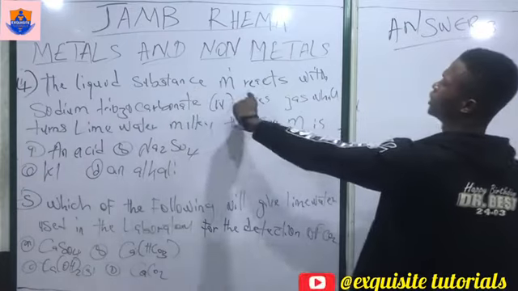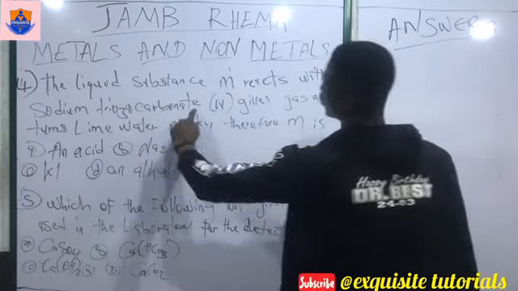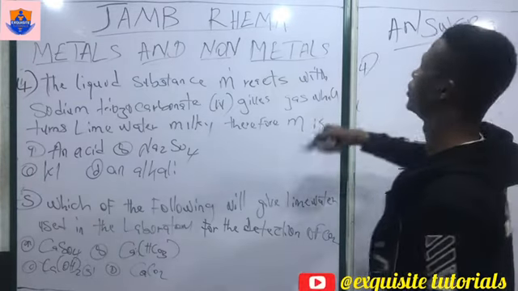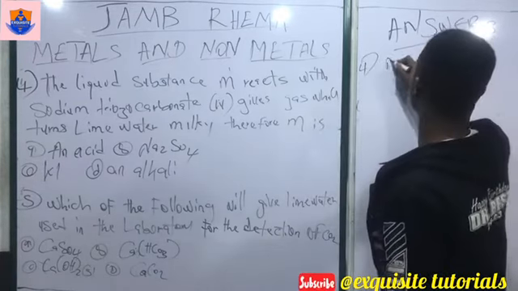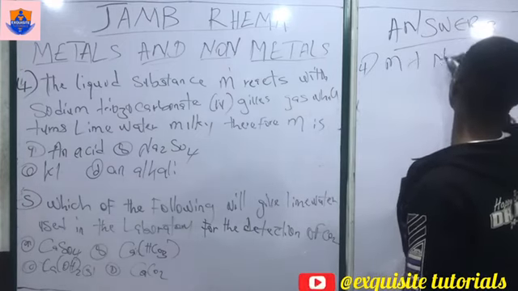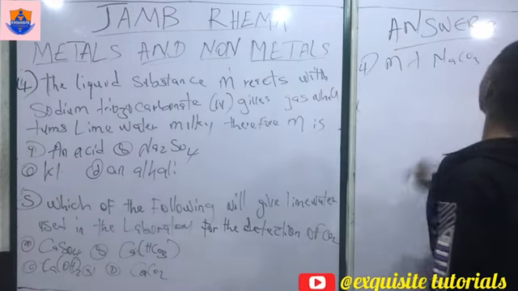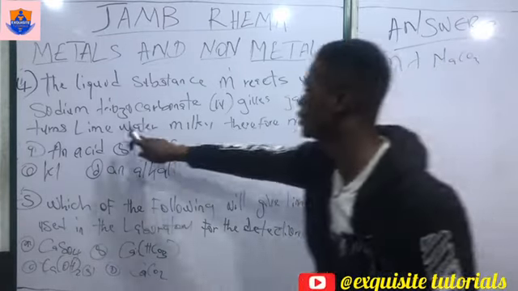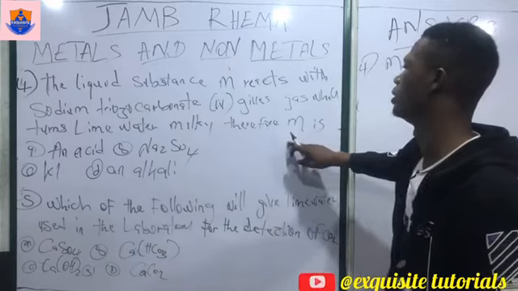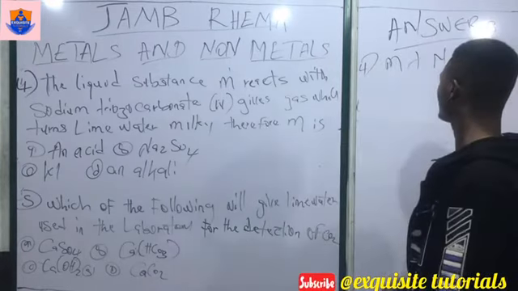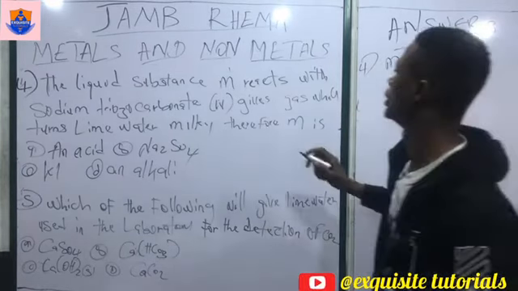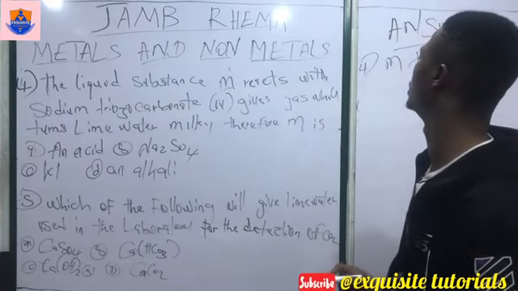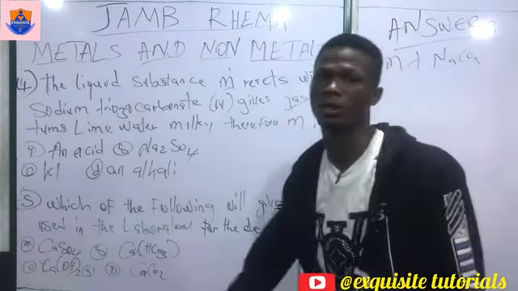The liquid substance M reacts with sodium trioxocarbonate(IV). Okay, number 4. We are told that the liquid substance M reacts with sodium trioxocarbonate(IV) and gives a gas which turns lime water milky. Therefore, M is what? Now, we are interested in M, and in the gas that turns lime water milky.